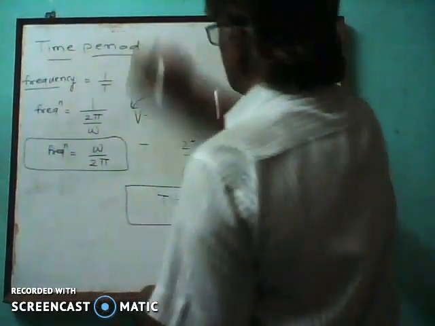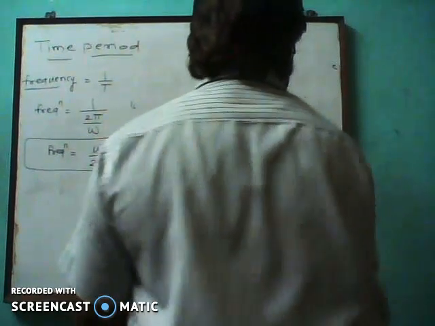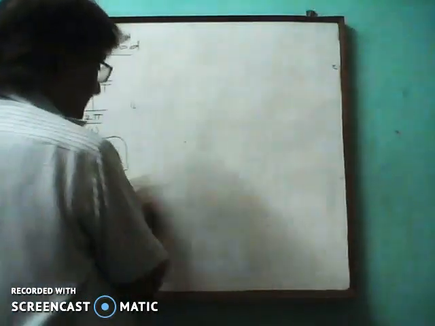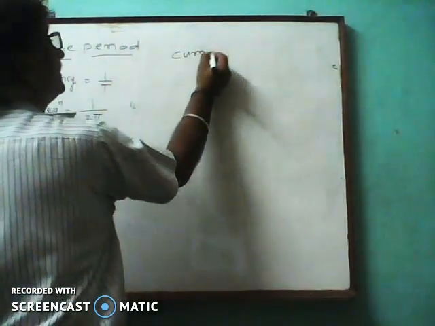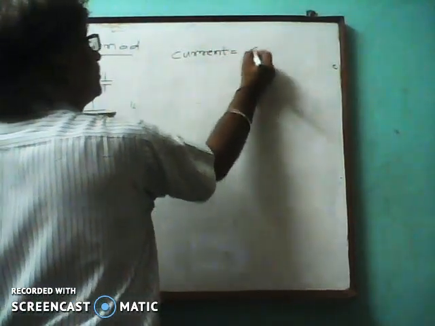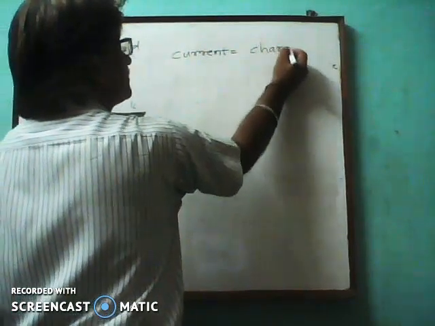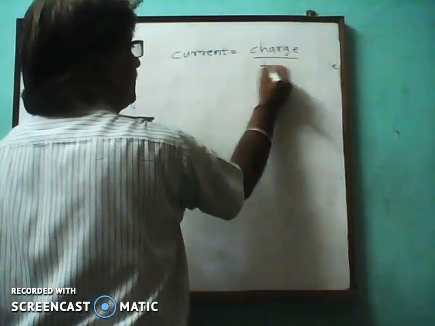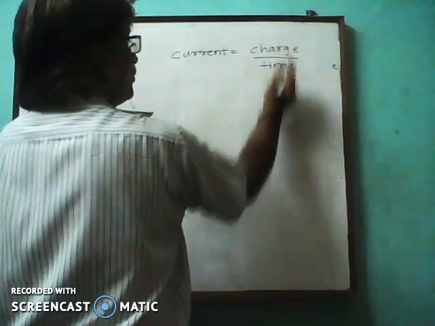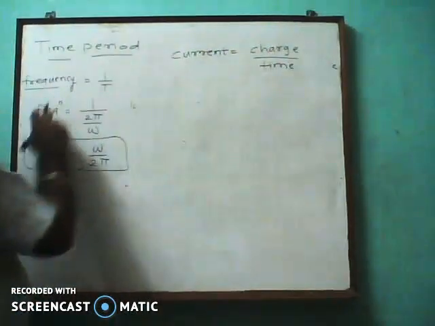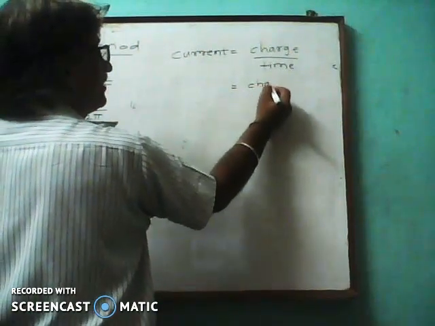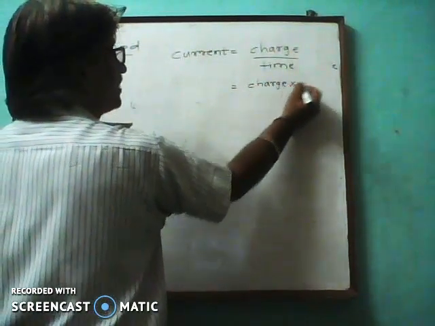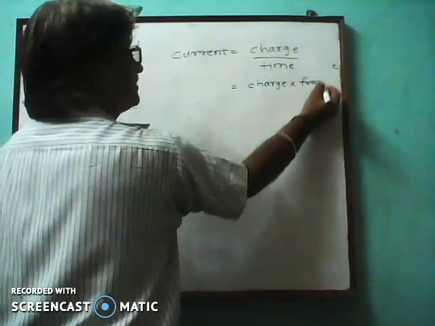Another formula used in this chapter is current. Current is equal to charge upon time. We know that 1 upon time is nothing but frequency. So we can also say that current is the product of charge and frequency.